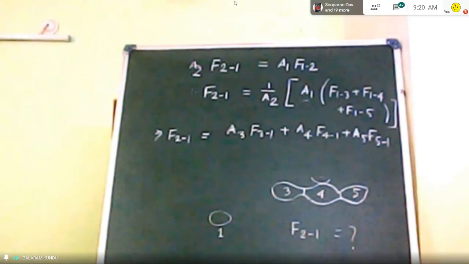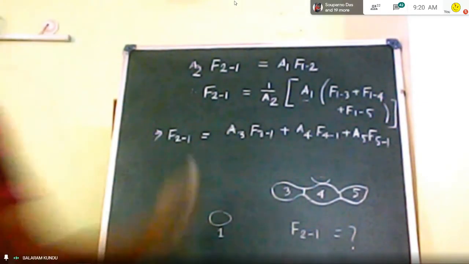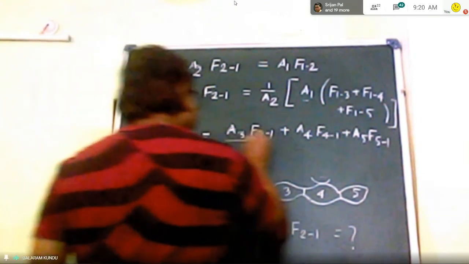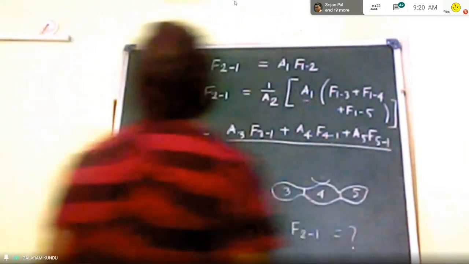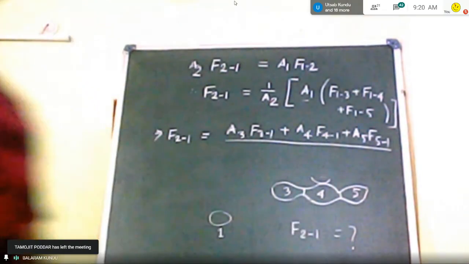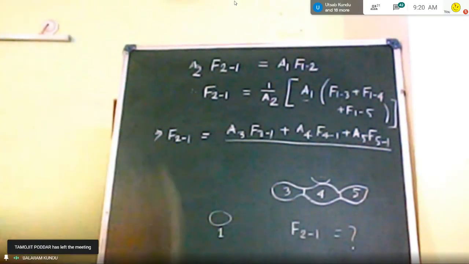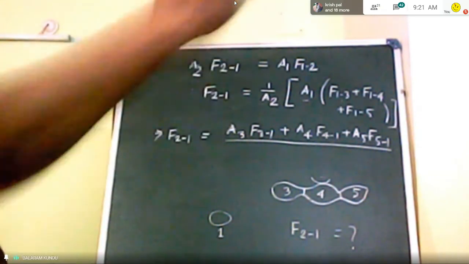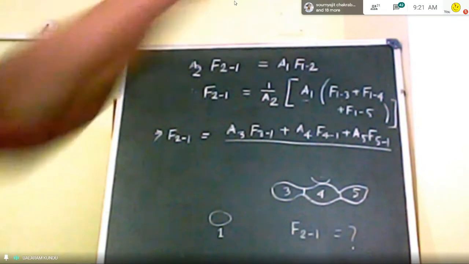Whether it is clear or not, I think it is very simple. Then, divided by a2. a2 is a complicated area. We have already divided this area into 3 parts, so 3 areas are there.